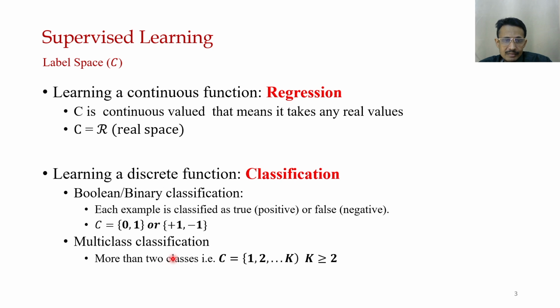In multi-class classification, there are more than two classes, maybe 1 to 2 up to k classes, where k is greater than 2, but these are discrete valued classes. So, in supervised learning, there are two main variants: regression, where the label space is from real space, and classification, where the label space is from discrete space.